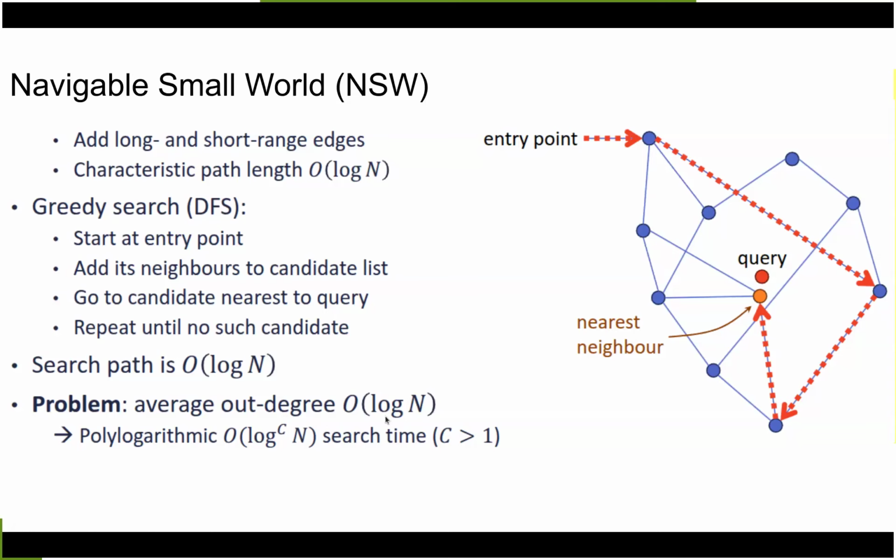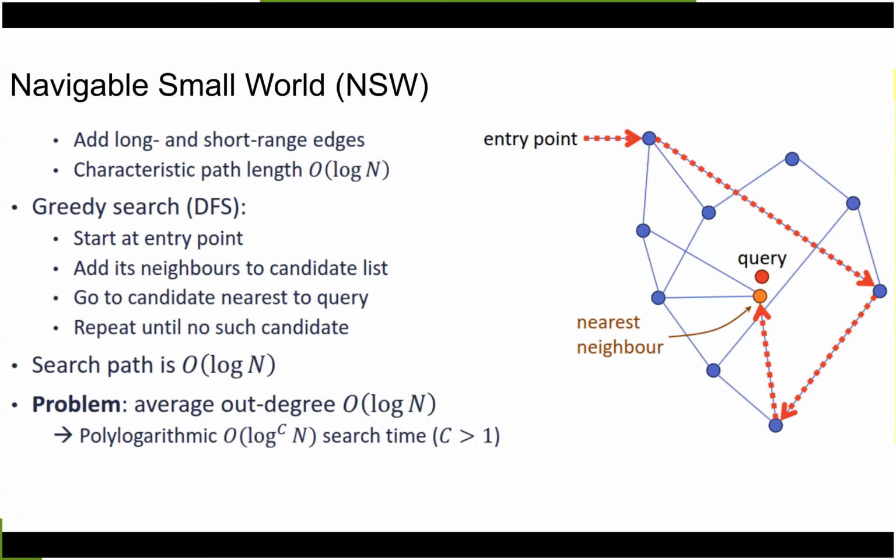But the most important thing in this slide about complexity is this line. The problem is that to create some graph that preserves a search path of O(log n), the number of hops to be O(log n), the average out degree should be O(log n).